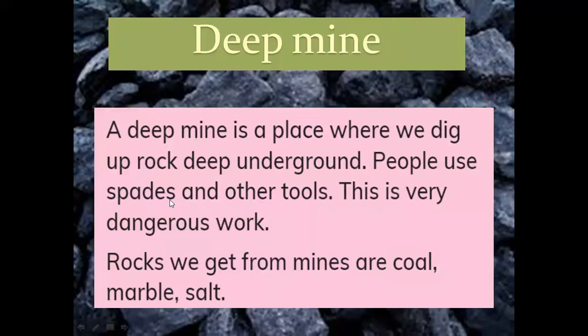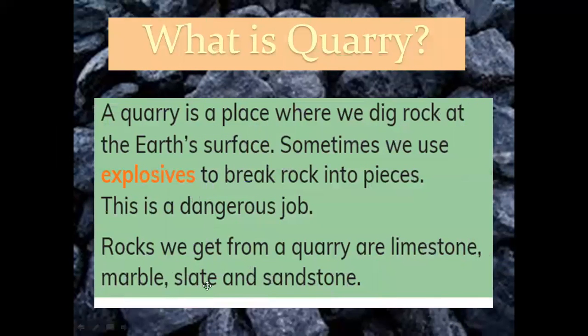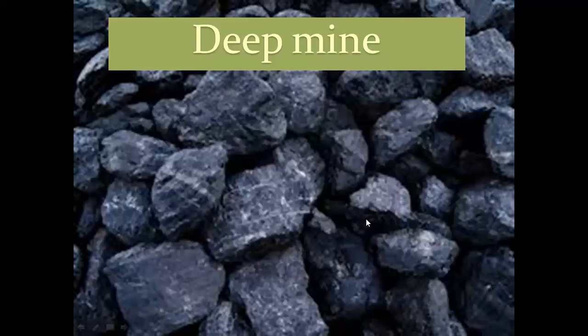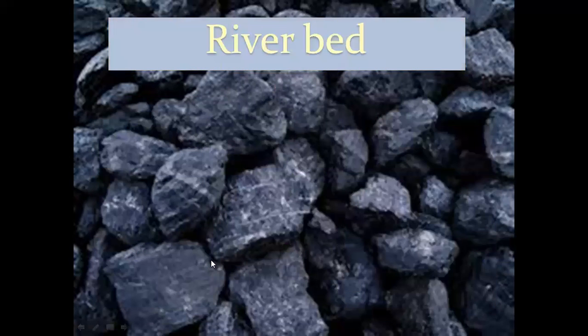People use spades and other tools. This is very dangerous work. Rocks we get from mines are coal, marble, salt. So from quarry we get limestone, marble, slate, and sandstone, whereas in deep mines we get coal, marble, and salt.